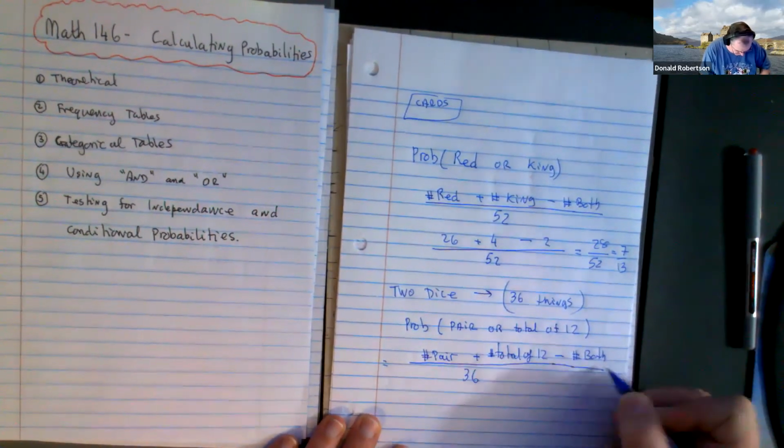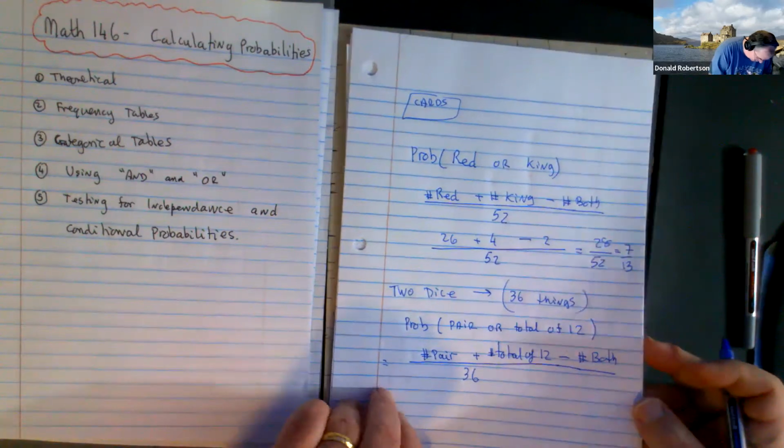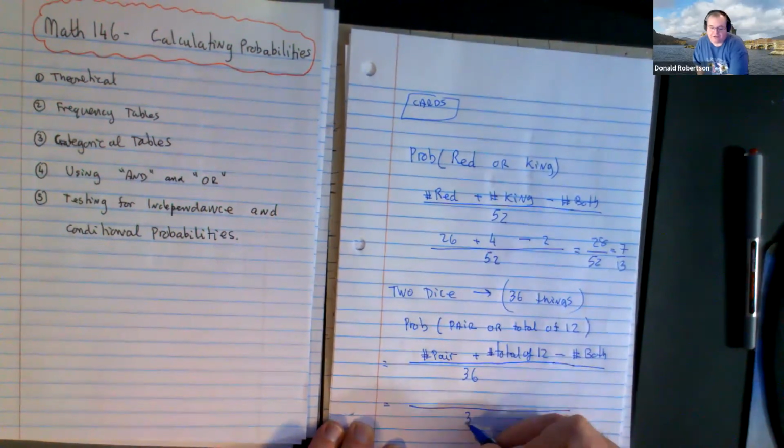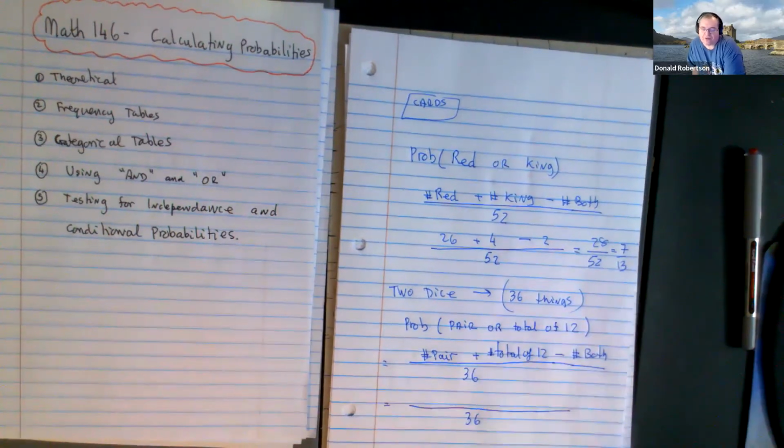Now that is going to be a pretty hard thing to count in some of these cases. The pairs should be easy. Out of the 36 things that can happen when you roll 2 dice, how many of those 36 are the same numbers, right? A 1, 1 or a 6, 6, that kind of thing. How many out of the 36 are the same? Six.